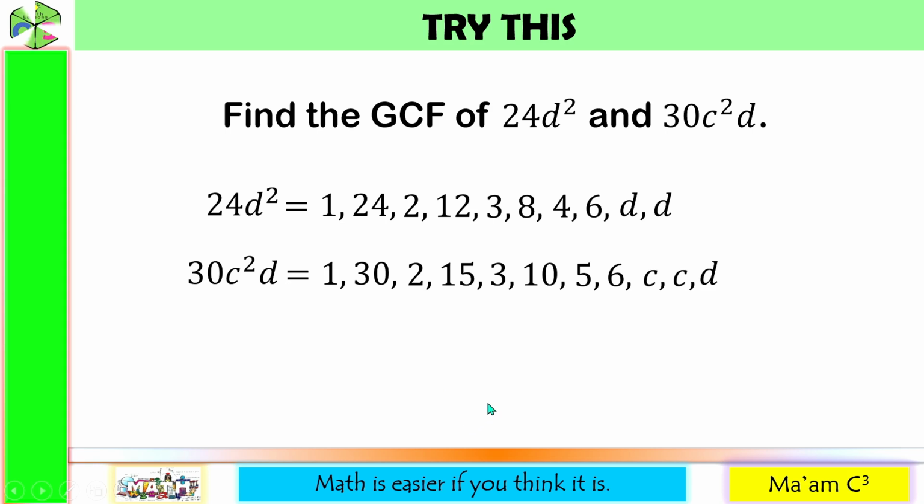This time, let us choose the greatest number common to both terms, and that would be 6. For the variable, since I do not have c here, then I cannot choose c. For d, I have two d's here and one d here, so only one is common. Therefore, the GCF of 24d squared and 30c squared d is 6d.